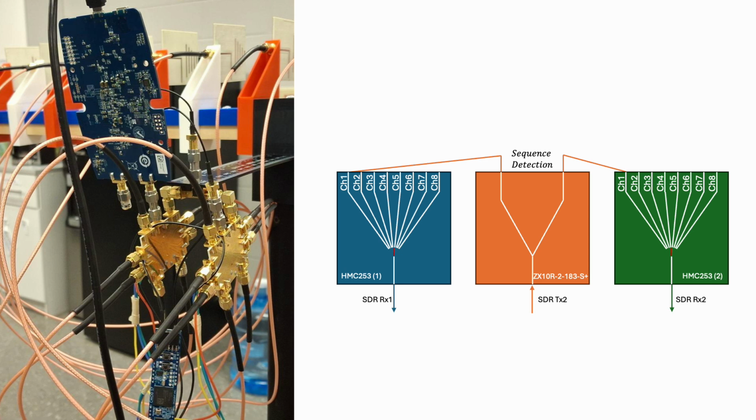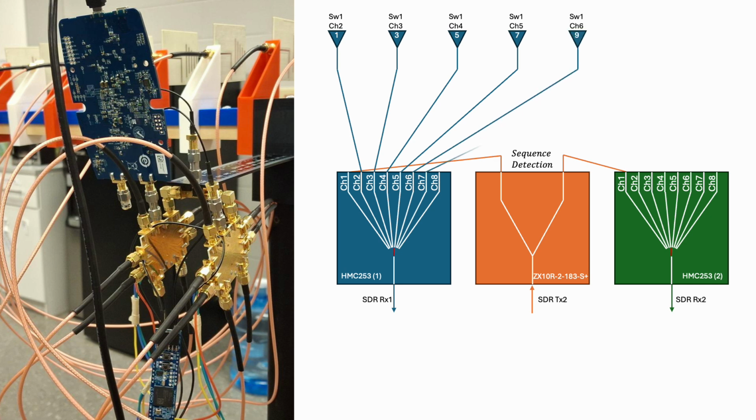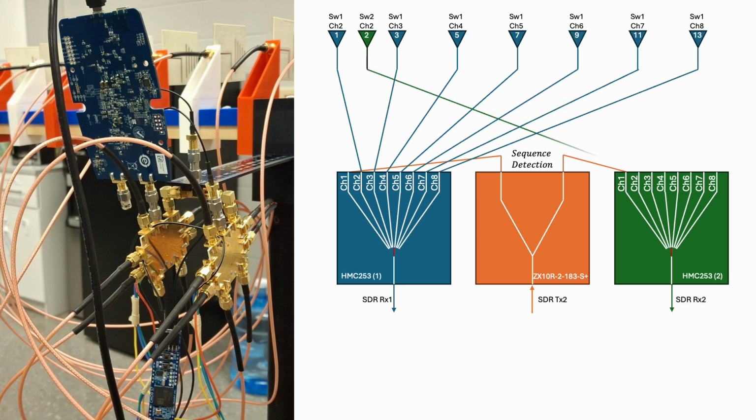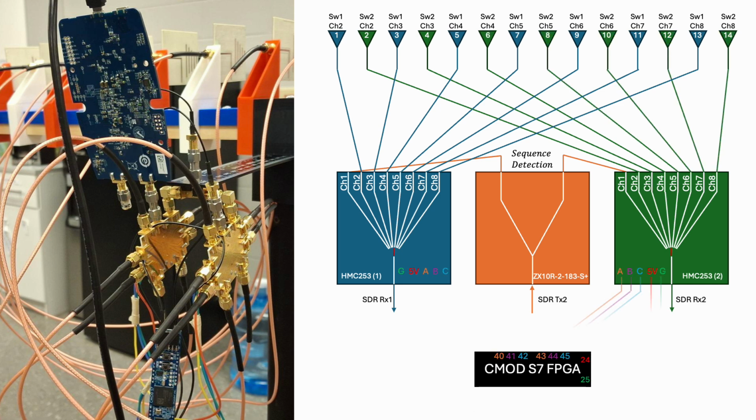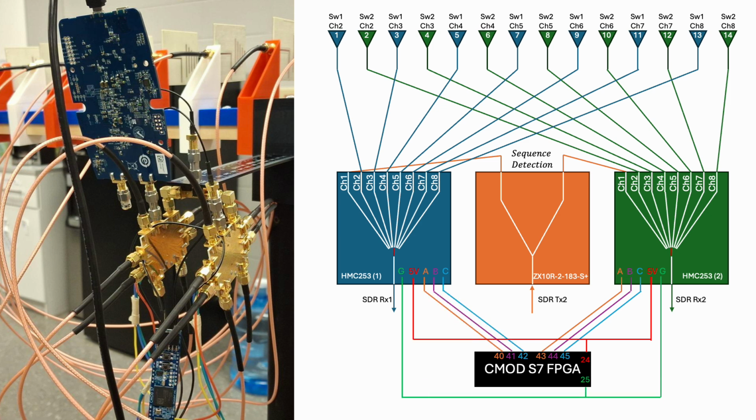This ensures that the path that these signals are taking is identical. And then we connect all of the odd antennas to the first switch and all of the even antennas to the second switch. All of these components are then controlled with an FPGA. And this gives us 13 phase differences to work with.